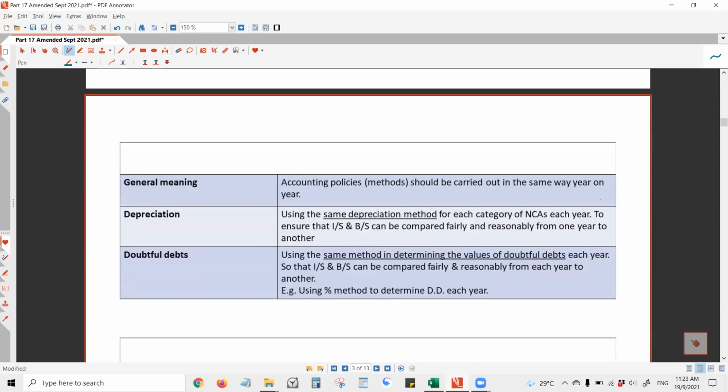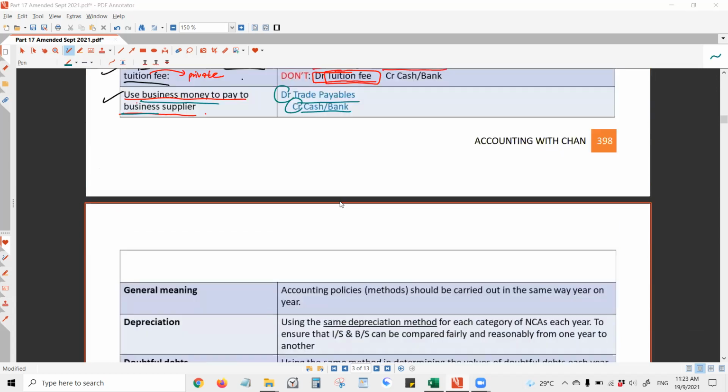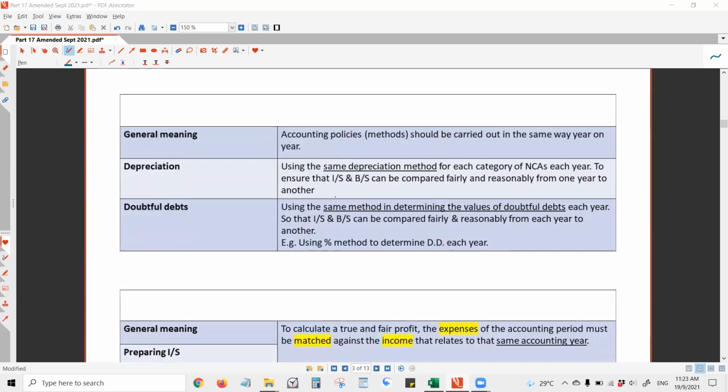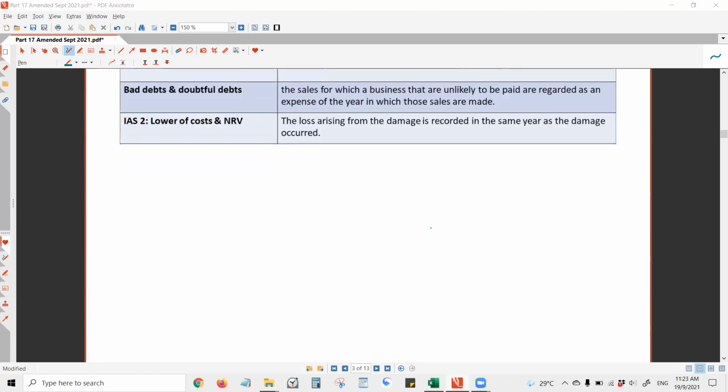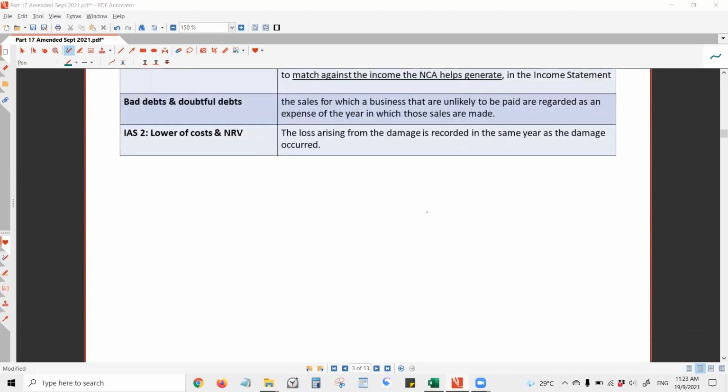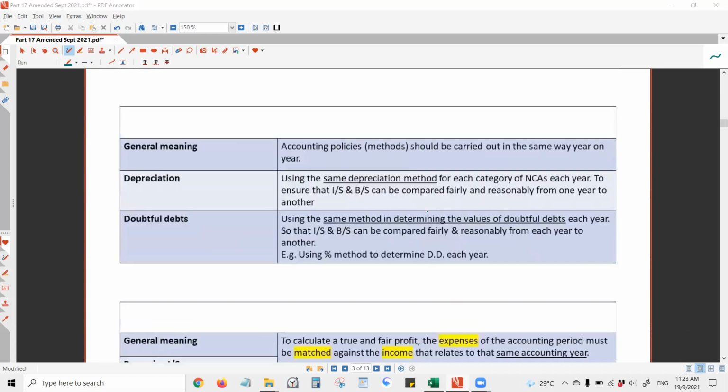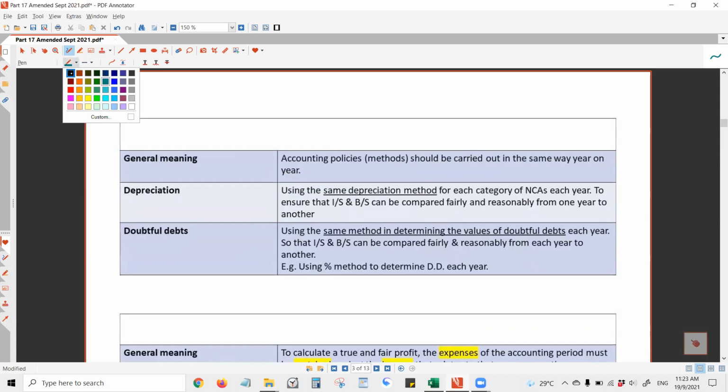Okay, next page, first table on the top here. This is page 399. There are two tables here. The one on top here, you write consistency principle. You have seen this before.